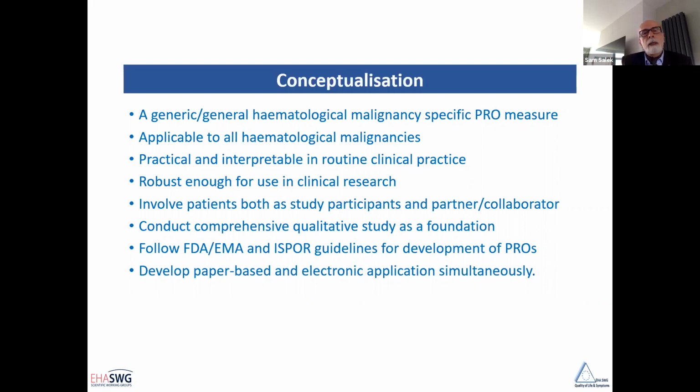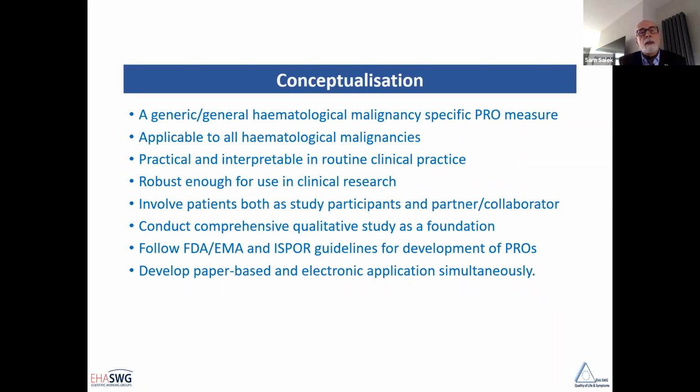We wanted to develop a new measure that is specific for hematological malignancies, all types of blood cancer, as a generic tool that would apply to all patients having different types of blood cancer. But we also wanted this to be practical and interpretable. In other words, doctors, nurses, even patients themselves should be able to interpret what a change of score means on a day-to-day basis.